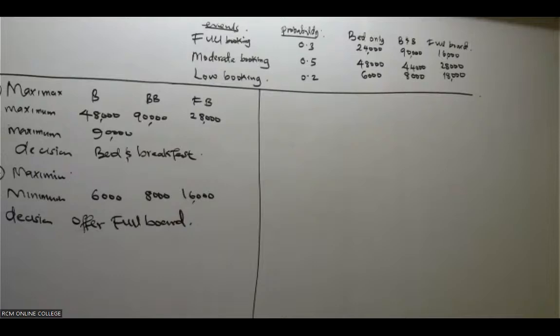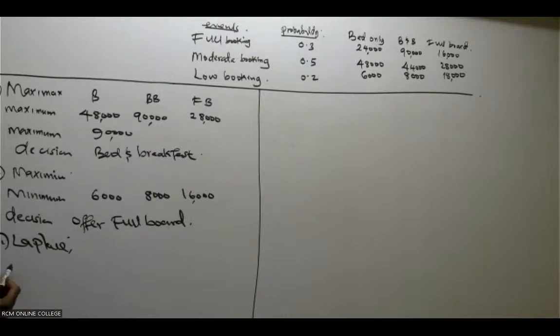Then which other one are we remaining with? We need to look at what we call Laplace. They have given us probability of occurrence. So what are we going to do? We now use the probabilities.